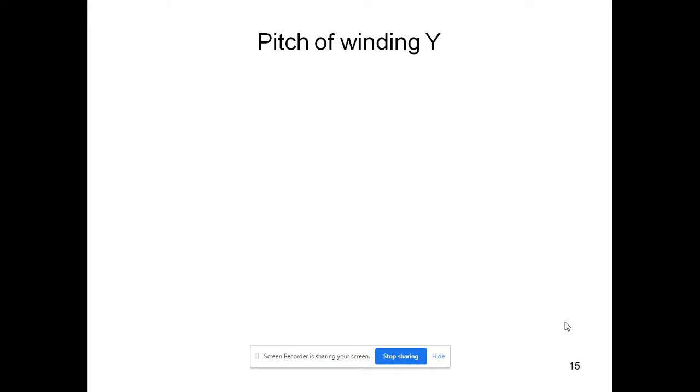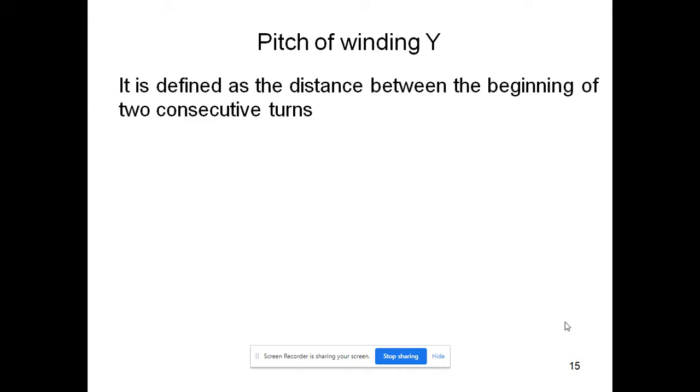And the next important term is pitch of winding, which is denoted as Y, and this can be defined as the distance between the beginning of two consecutive turns.